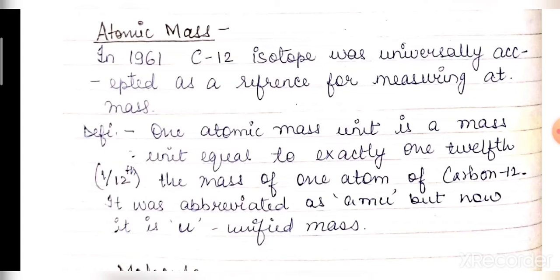But if we are talking about the mass number of a particular element, then the mass number is the total number of protons plus neutrons. The atomic number is the number of protons, whereas the mass number is the sum of protons and neutrons. That will always come in whole numbers, not in fractions or decimals.